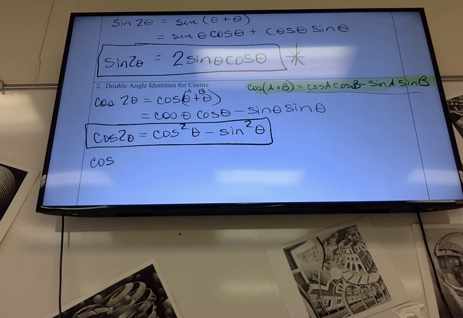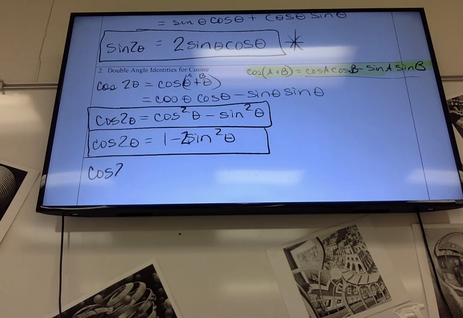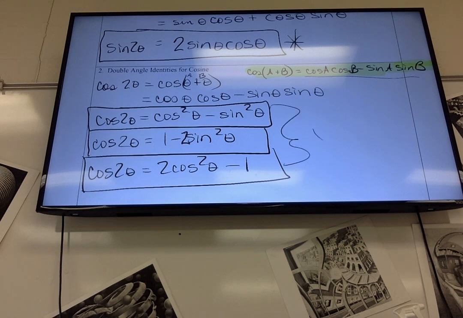So another one that we can use for cosine of 2 theta is 1 minus, oops, 1 minus 2 sine squared of theta. Or 2 cosine squared of theta minus 1. All of those are different identities that do the same thing. It's just different ones are useful for different things. Again, these will all be given to you.